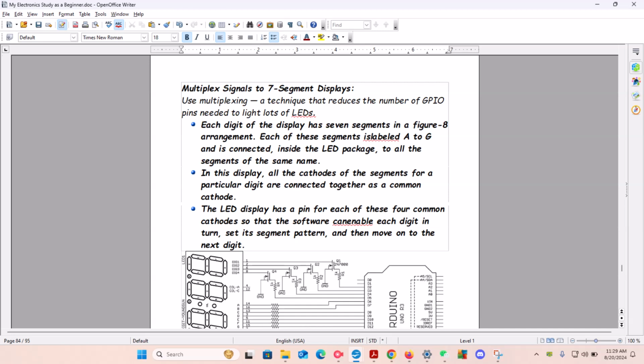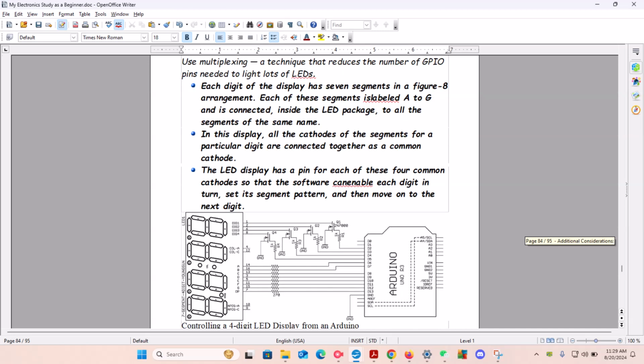Each of these segments is labeled A to G and is connected inside the LED package to all the segments of the same name. In the display, all the cathodes of the segments for a particular digit are connected together as a common cathode. Okay, remember we have plus and we have minus. We have the anode, which is plus, and the cathode, which is minus.